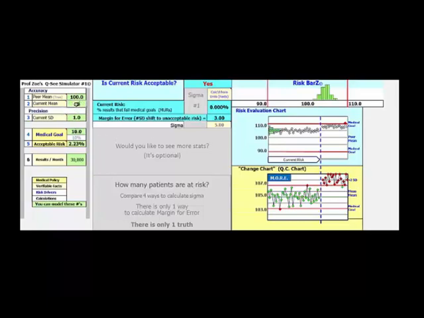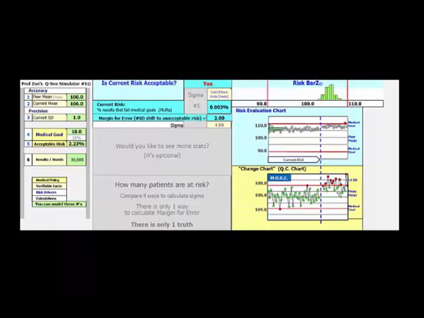What if I have a mean of 106? Well, that's a different situation. Now, only 50% of the results afterward are flagged. That's because the margin for error is 2 SD. If it shifted 2 standard deviations, the method would fail. An unacceptable risk level would exist.